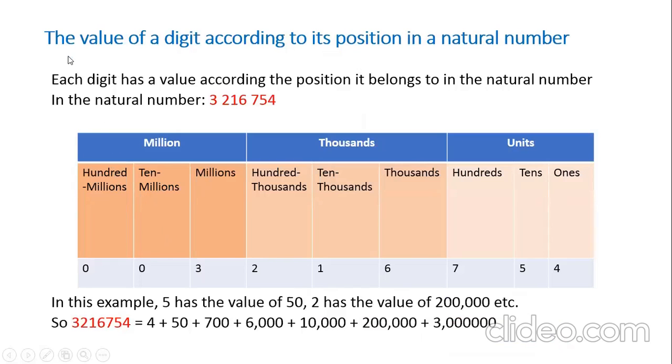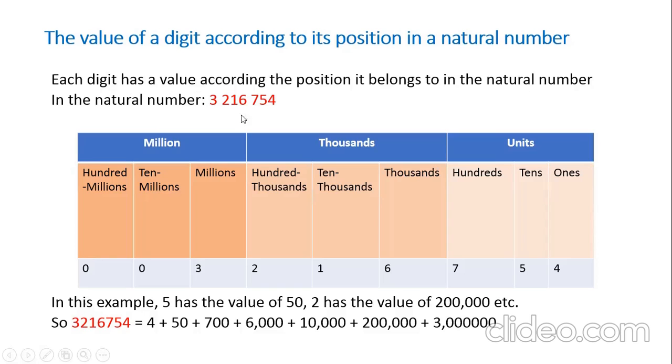Let's move now to talk about the concept of value of a digit according to its position in a natural number. Each digit, we mean by digit a number from 0 to 9, has a value according to the position it belongs to in the natural number.